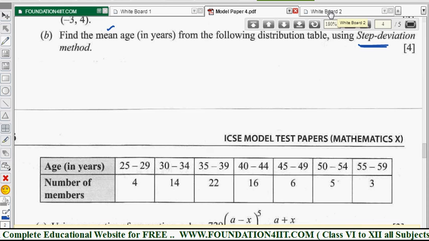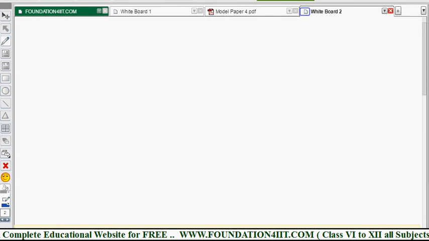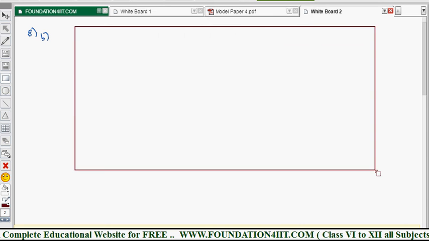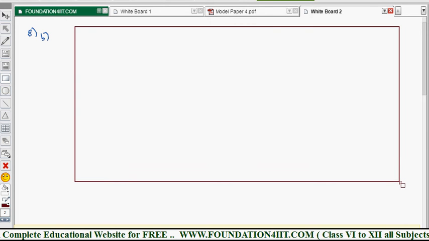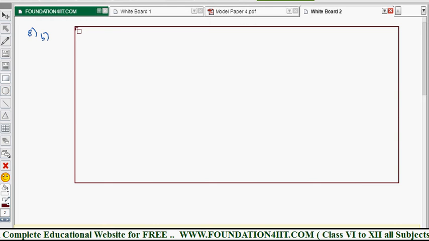Let me show you the table. Take the table first, then you can apply the solution directly. Two columns we take from the question itself: age in years and the exclusive class interval.